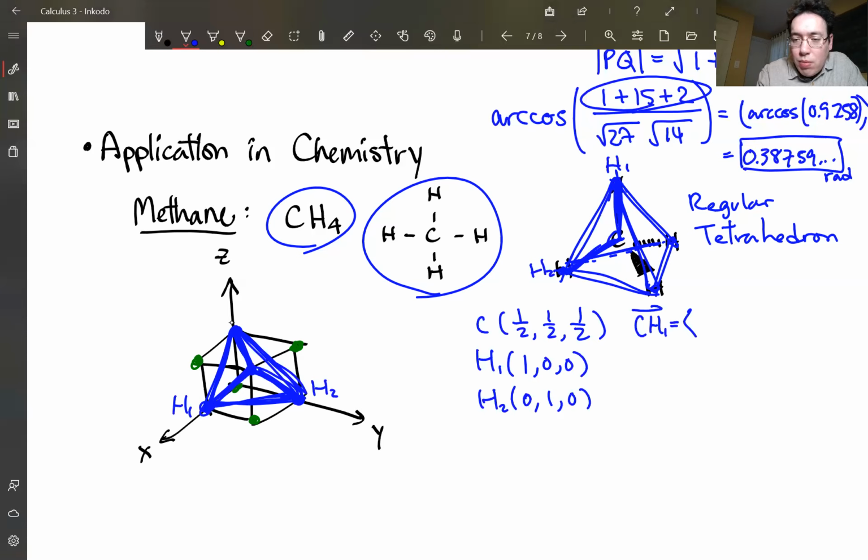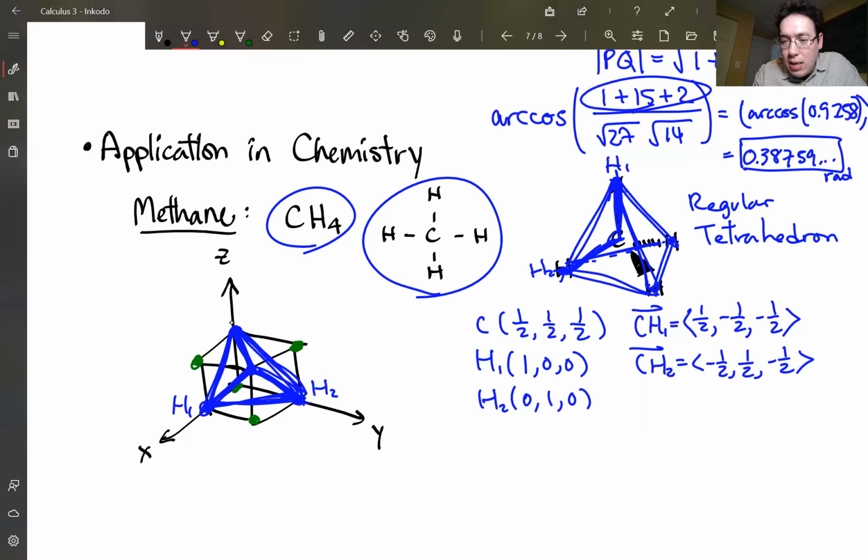So subtracting the head of the arrow minus the tail of the arrow, that's the vector from the carbon pointing to the first hydrogen. And similarly, this is the vector pointing from the carbon to the second hydrogen on the y-axis.